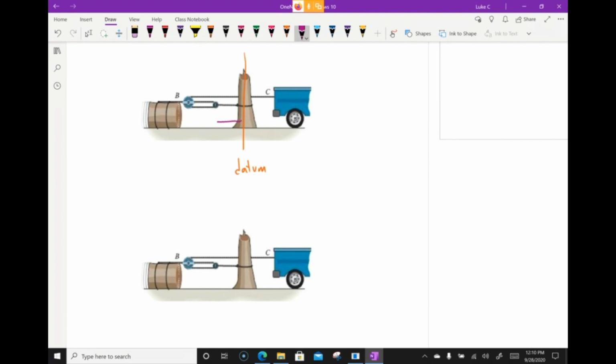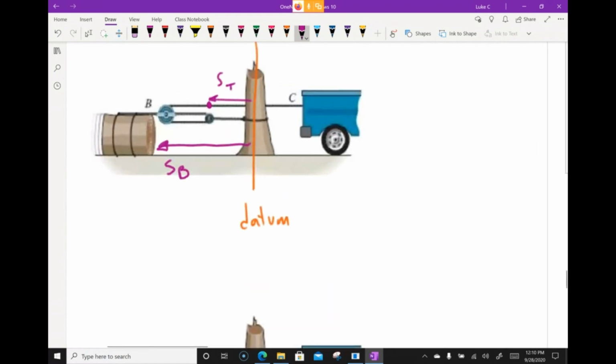So let's label from here to here as SB. Then I'm going to label right here to this point right here as ST, the truck. Let's do capital T.